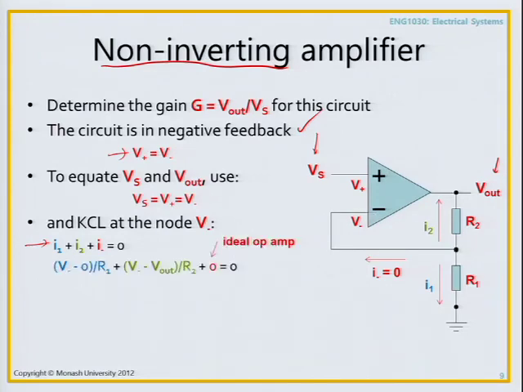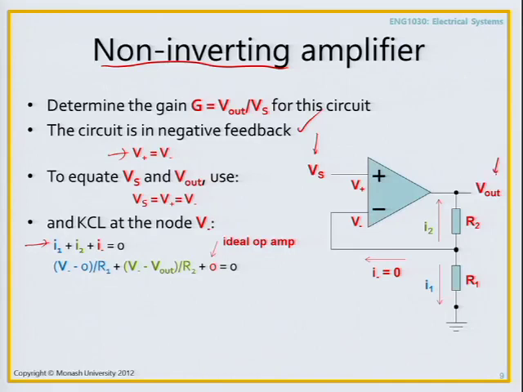Now substitute the current through each of these directions by the quantities that we know. We don't know what these currents are, but we can relate those currents to the voltages and the resistors that we have in the circuit, right?